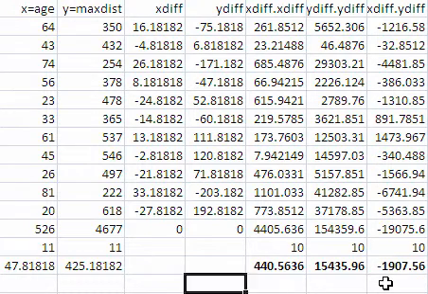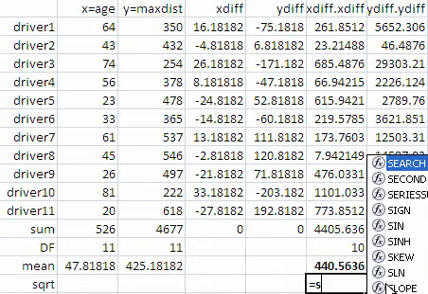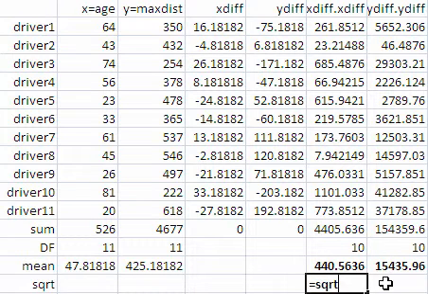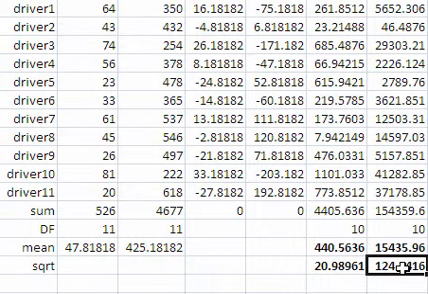We can now take the square root of the variance, and that gives us the standard deviation, equals SQRT of, there. Now we have the standard deviation of age as 20.98. The standard deviation of distance is 124.